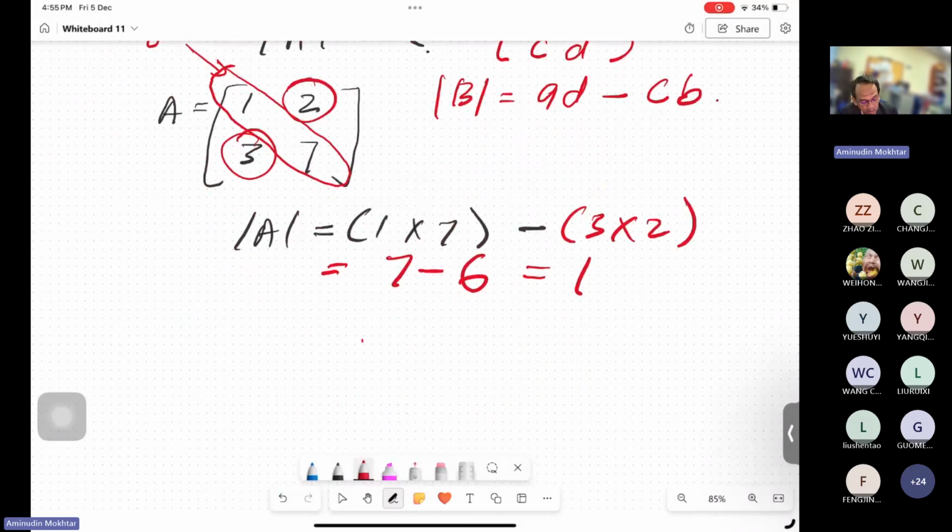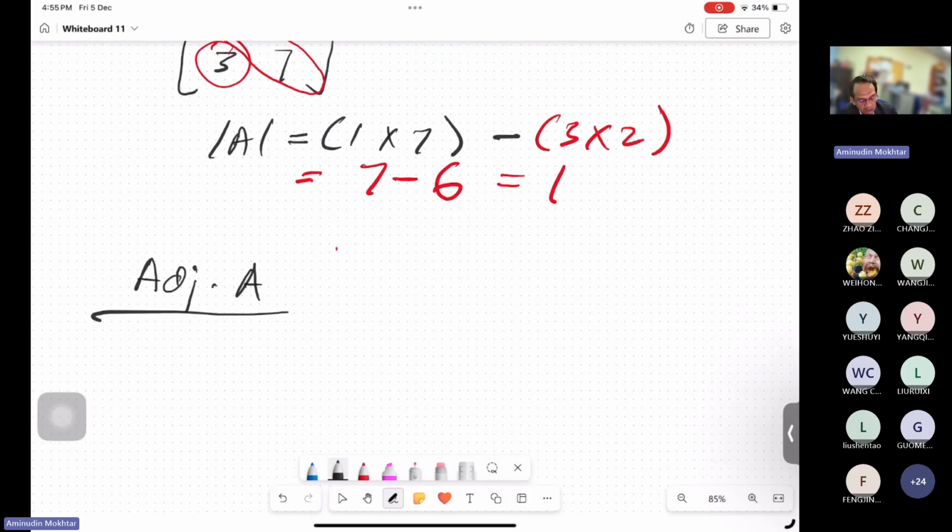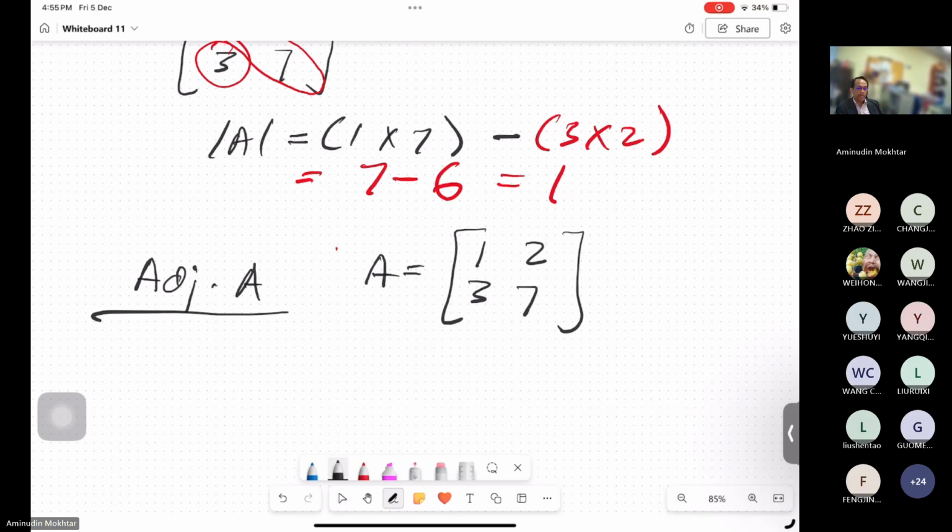Okay, the second one is about the adjoint of A. Adjoint of matrix A, Adj A. What is the adjoint of A? The first thing we need to know is what is A. Again, the elements of A are 1, 2, 3, and 7.